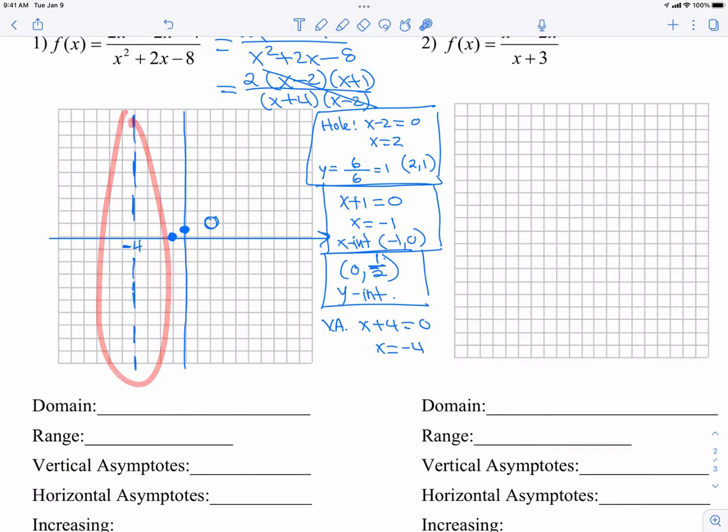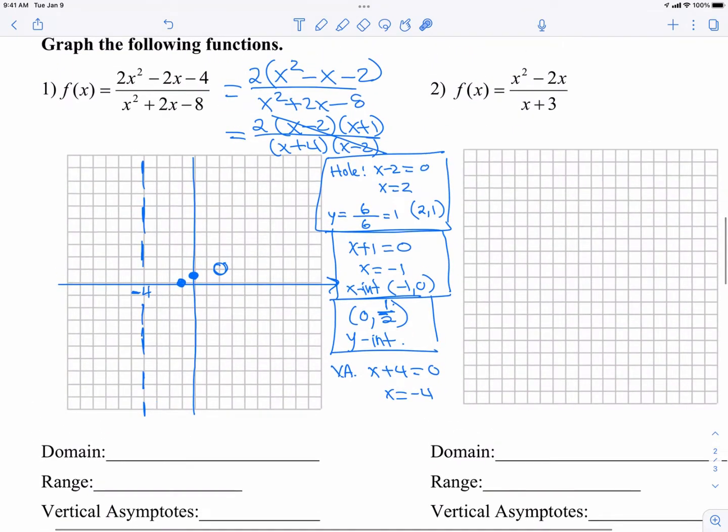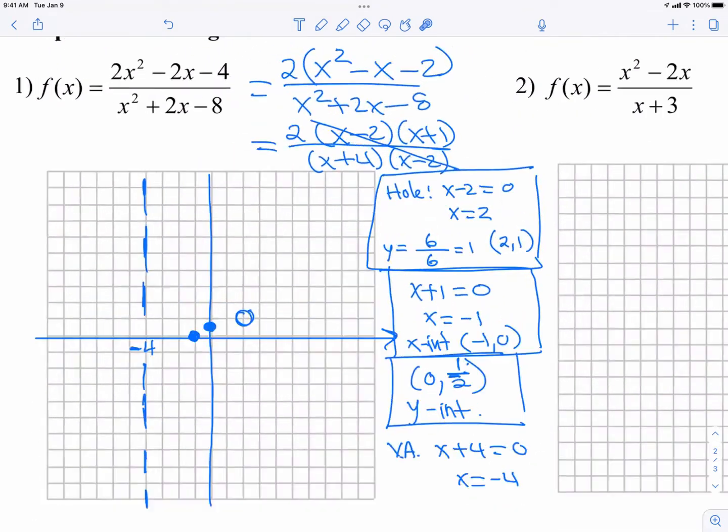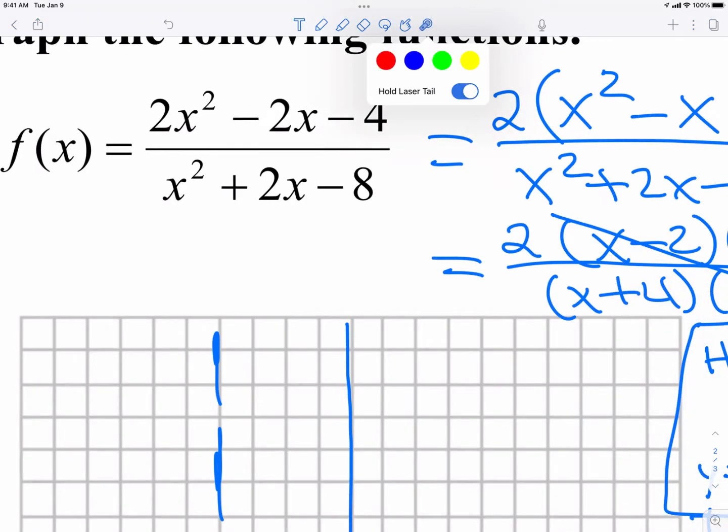All right. Next, let's find the horizontal or slant asymptotes. We do that by looking at the degree of the numerator and the denominator. The degree of the numerator is 2, and the degree of the denominator is 2. When the degrees are the same, the horizontal asymptote is the ratio of the coefficients.